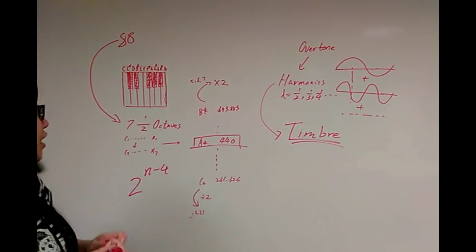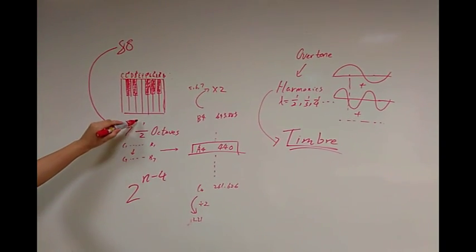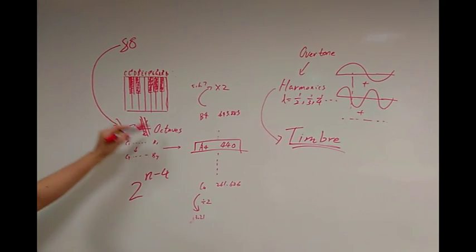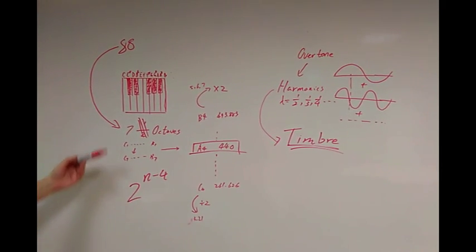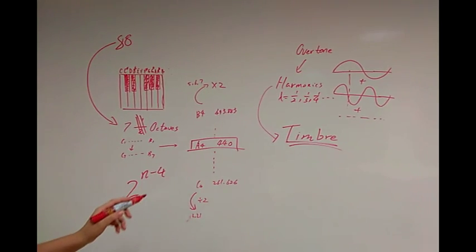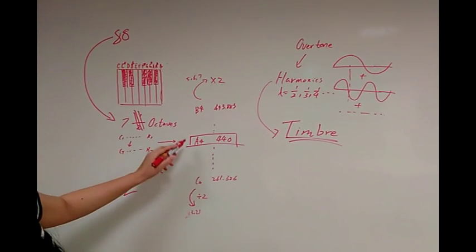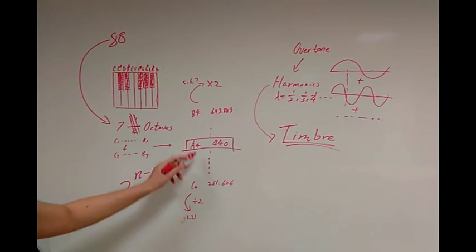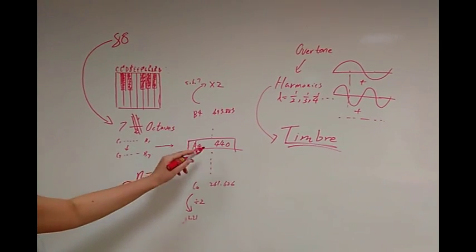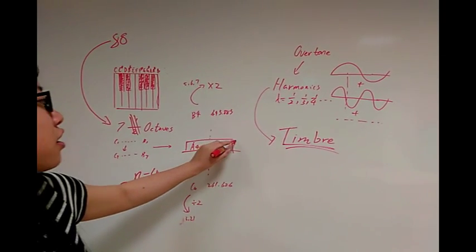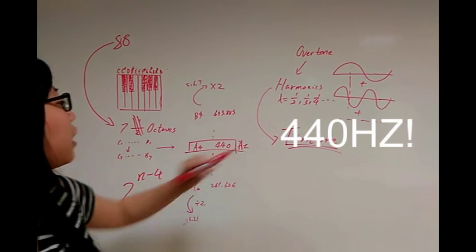For simplicity, we are not going to implement the half, so we're only going to implement 7 octaves, from C1 to B7. The piano is tuned at A4, which is always 440 hertz as its frequency.